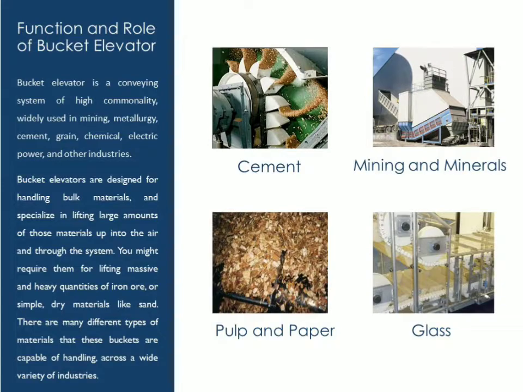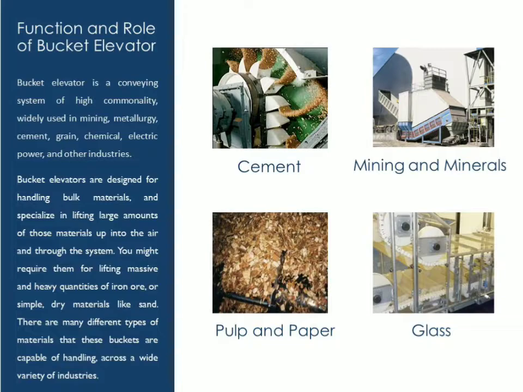Function and role of the bucket elevator. The bucket elevator is a conveying system of high commonality widely used in mining, metallurgy, cement, grain, chemical, electric power, and other industries. Bucket elevators are designed for handling bulk materials and specialize in lifting large amounts of those materials up into the air and through the system.